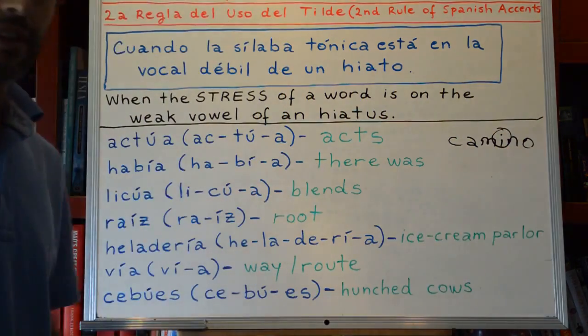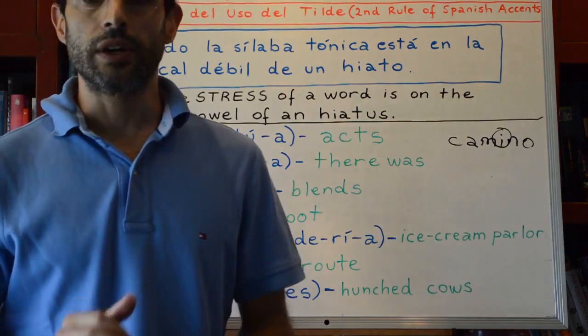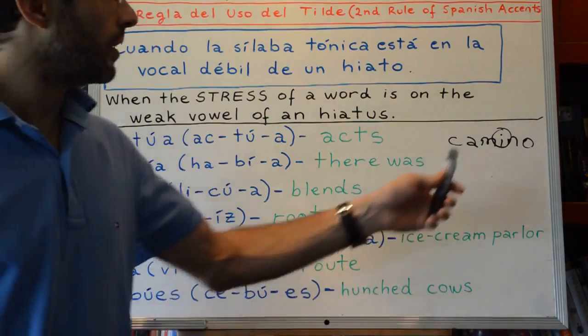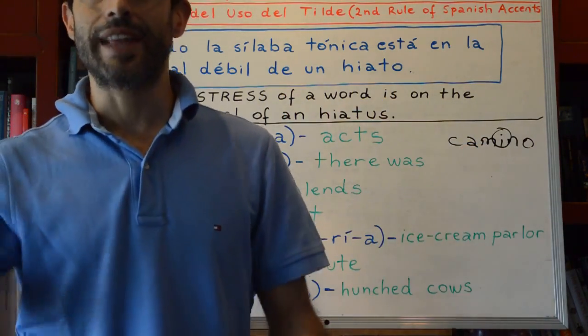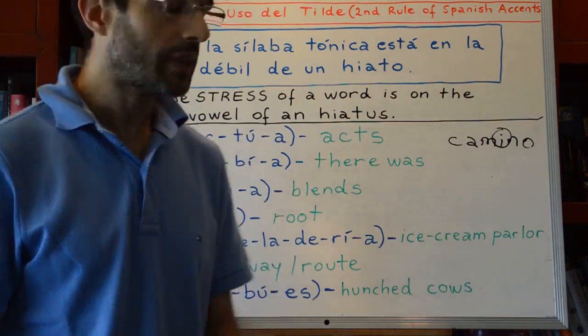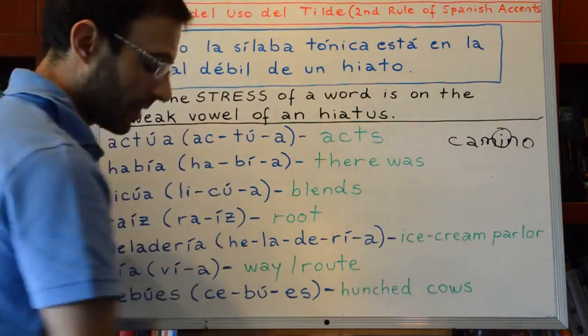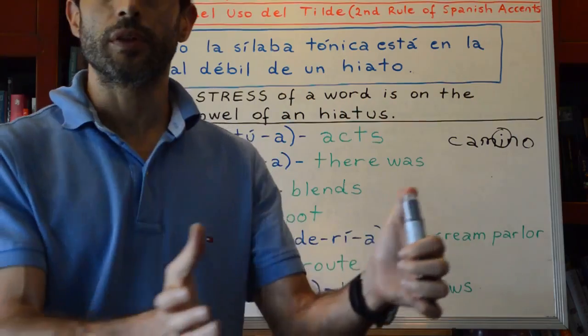So accent and tilde is not exactly the same thing in Spanish. I know that many Spanish speakers call the tilde accent, okay? However, this is technically wrong. Tilde is the little line you can see here, while accent is just the place where we have the stress of a word.